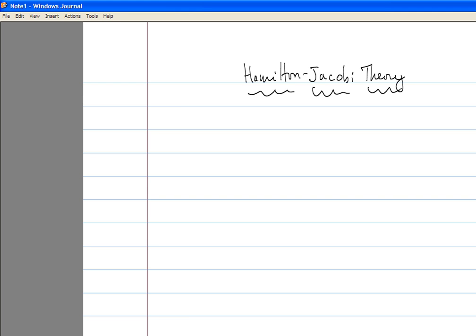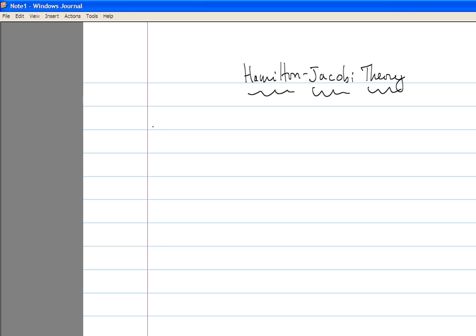And much like the Hamiltonian formulation of mechanics, Hamilton-Jacobi theory is rarely useful for writing down equations of motion or solving the dynamics of a system from a practical point of view. But instead, it is useful from a conceptual point of view. And so, in particular, to my mind, the real import of Hamilton-Jacobi theory is that it makes the relationship between classical mechanics and quantum mechanics even more explicit than it was in the Hamiltonian formulation of mechanics.